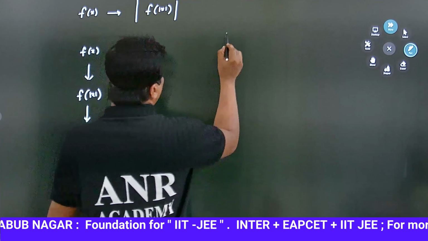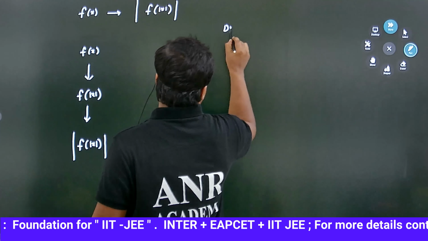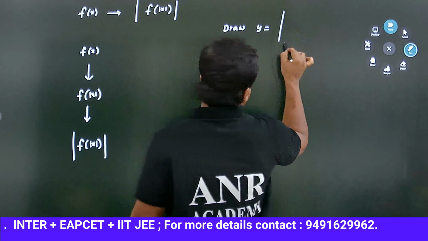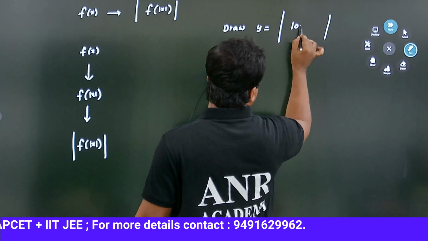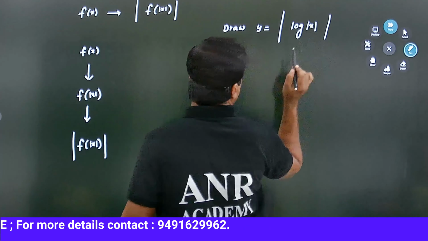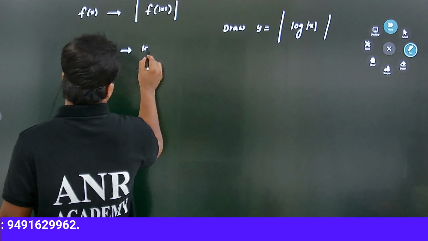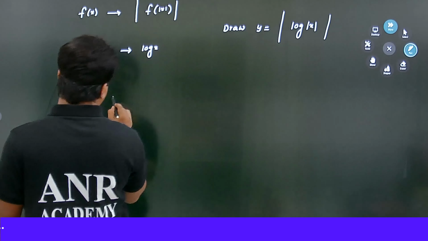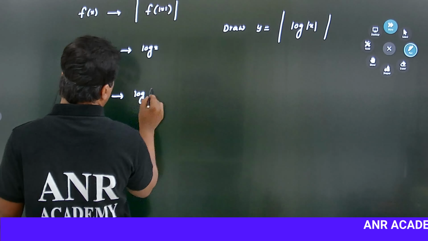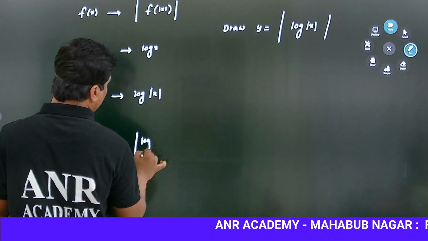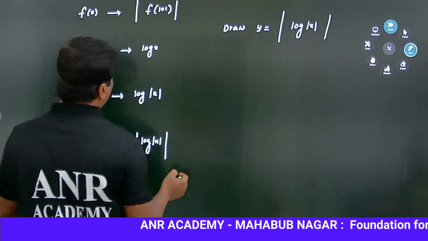Suppose for example the question is, draw the graph of y equal to modulus of log of modulus x. In this case, first you go with log x and then draw log mod x, and after that put the modulus sign to this log x graph.